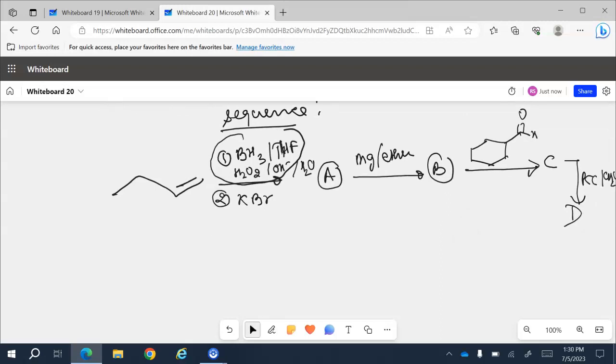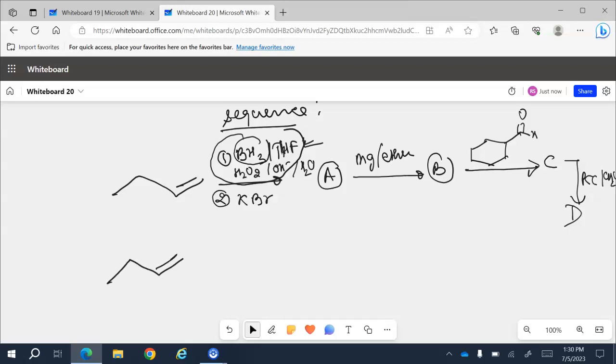First of all, alkene reacting with BH3 in presence of hydrogen peroxide, OH minus, and H2O. You need to know by this time that this is the hydroboration oxidation reaction that results in the formation of alcohol by anti-Markovnikov rule, right? So that is the first step.